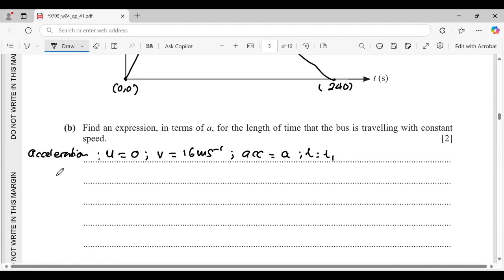So we can use the velocity equation v equals u plus at. So 16 meters per second equals 0 plus a times T1. So T1 equals 16 over a.